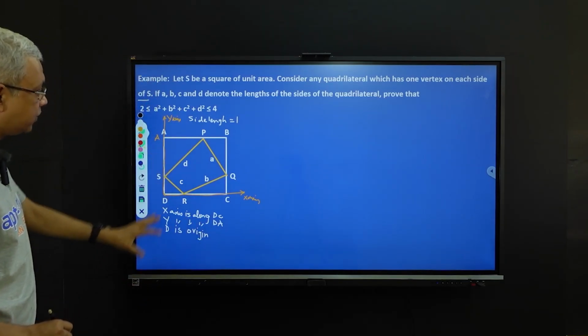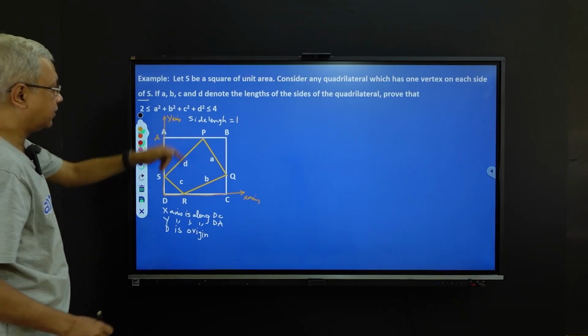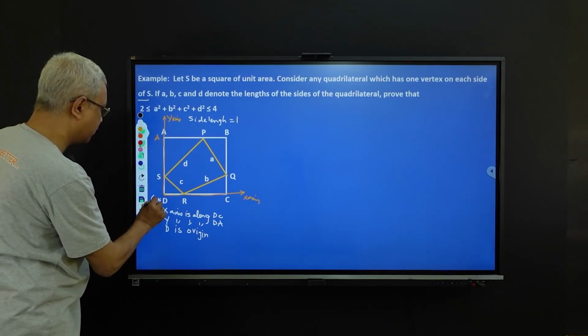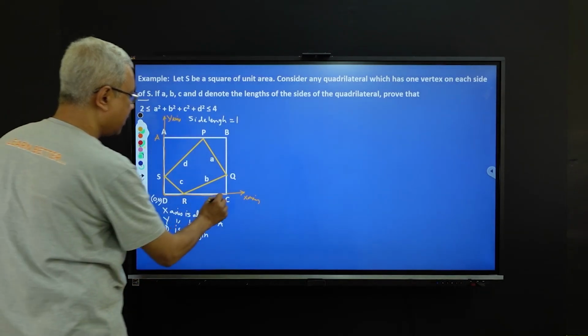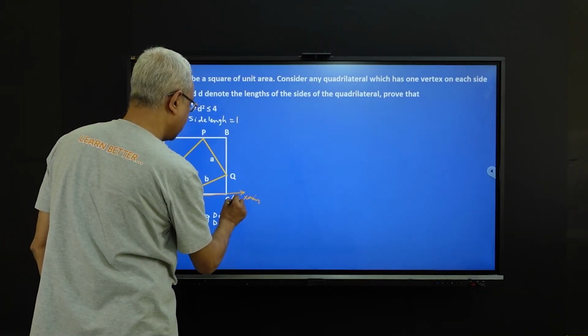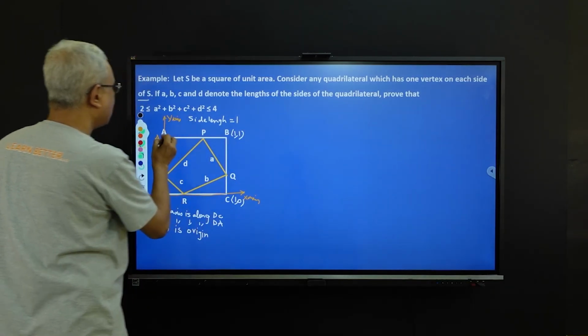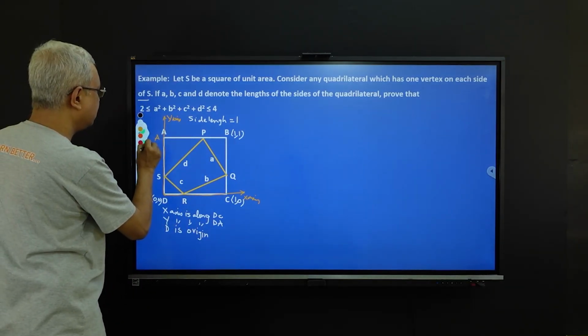So with respect to this coordinate system, I can write the coordinate of D as (0, 0), coordinate of C as (1, 0), coordinate of B as (1, 1), and coordinate of A as (0, 1).